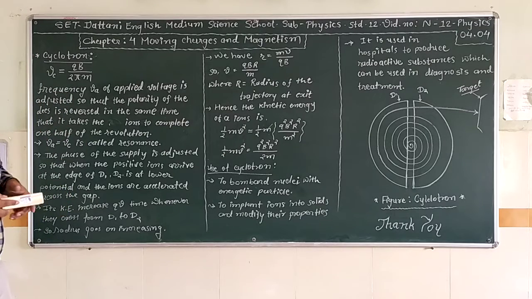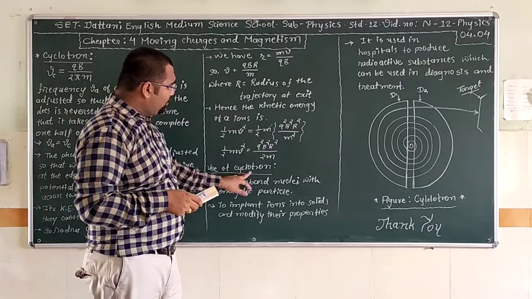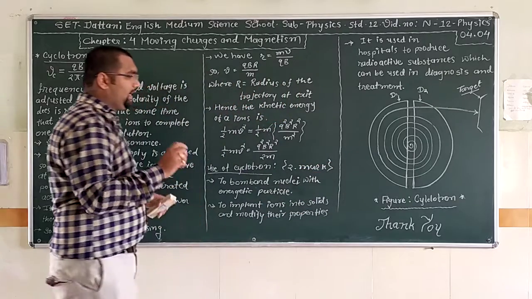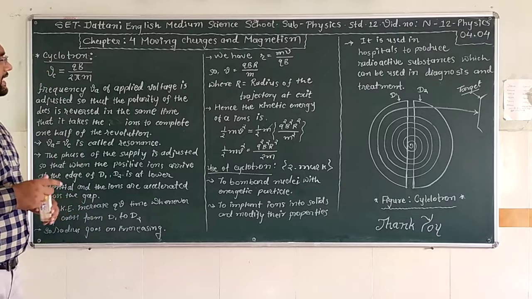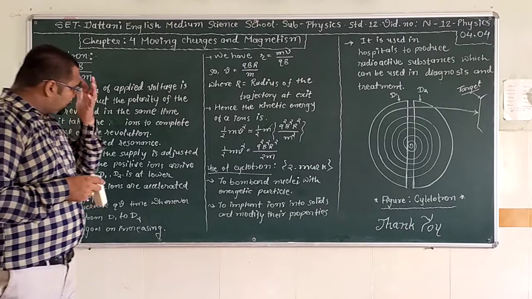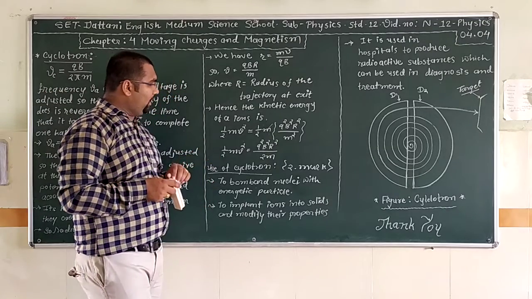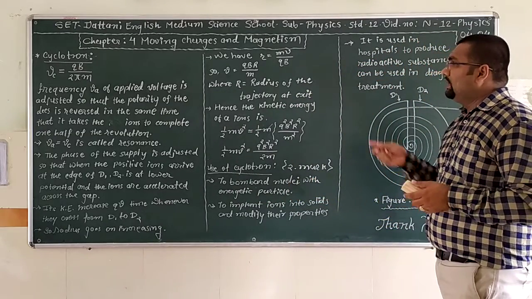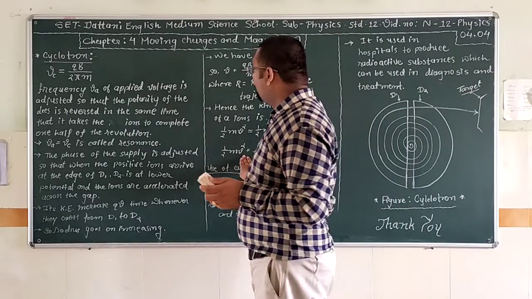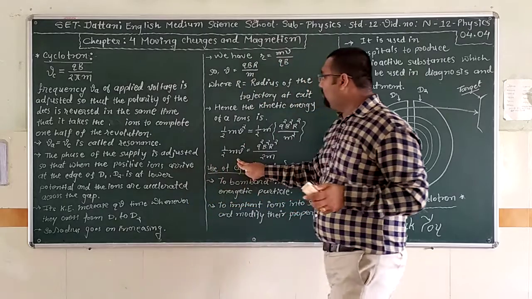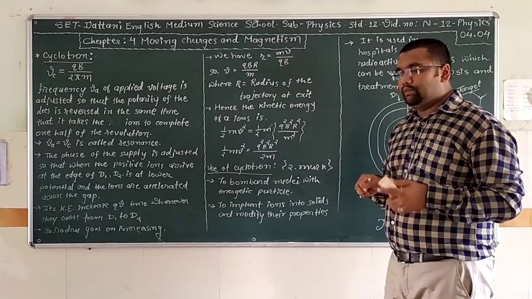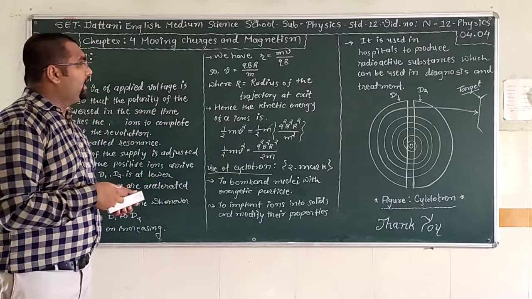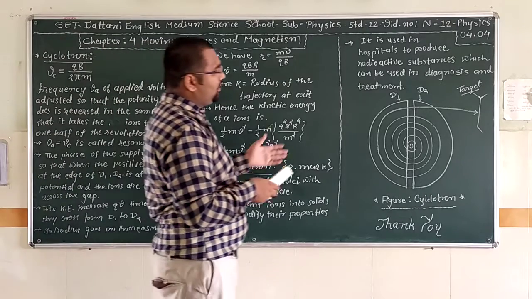In the examinations, the question can be asked, write down the uses of the cyclotron, for 2 marks. Also you can be asked to derive the formula for the kinetic energy of a charged particle from the formula for v. These two questions can be asked in the examination, and they are very easy and simple. This figure is also important for the questions.